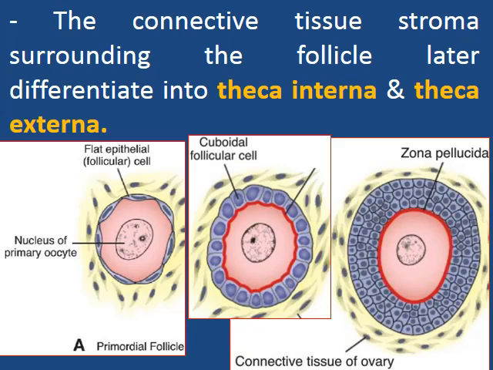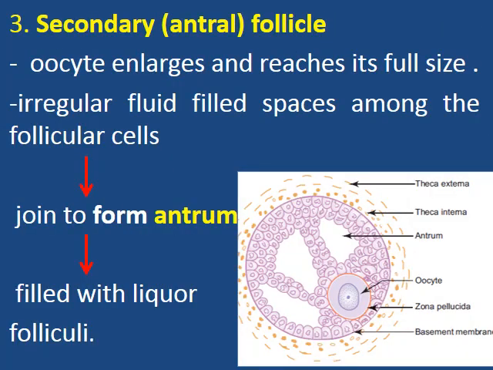The connective tissue stroma surrounding the follicle later differentiates into theca interna and theca externa. Next stage is the secondary follicle, in which oocyte enlarges and reaches its full size.